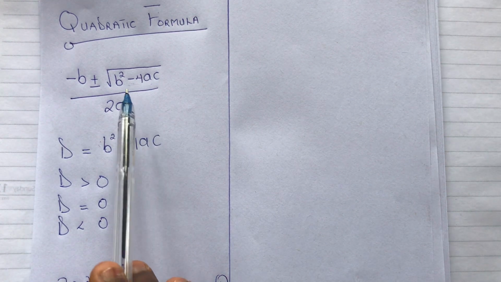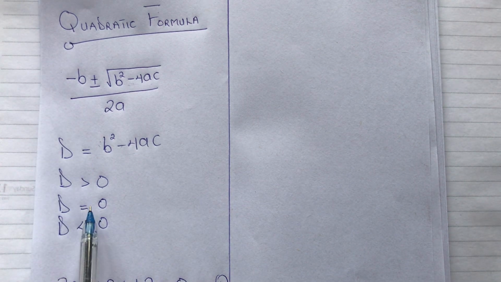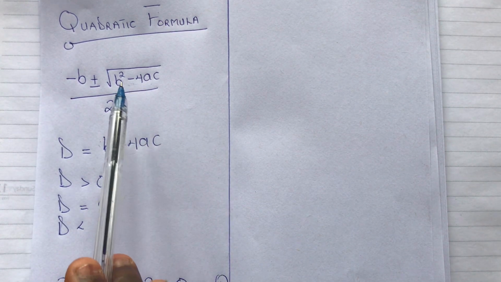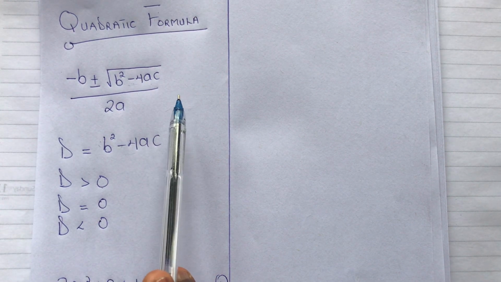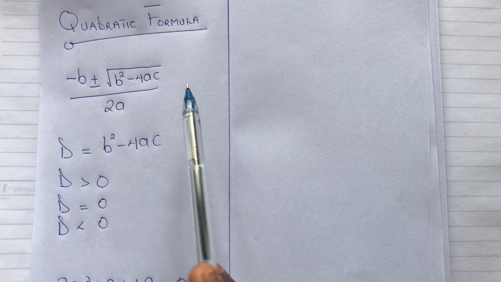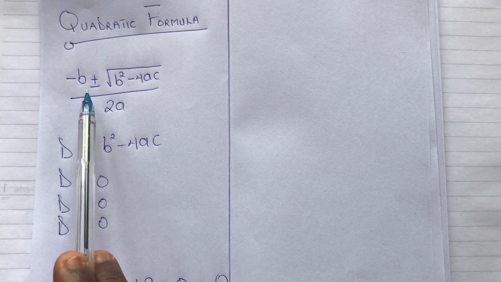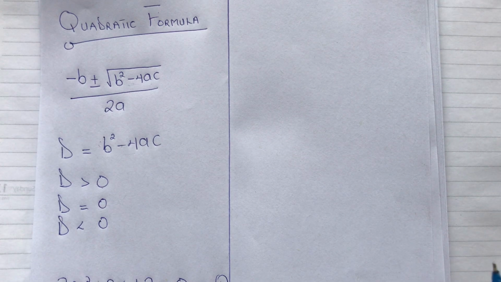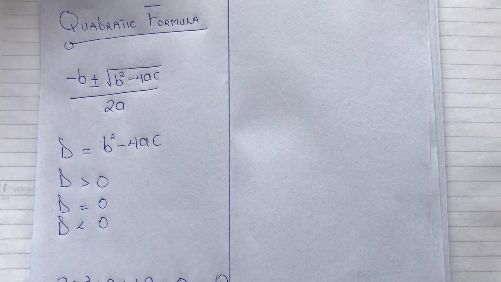Again, when we substitute the values of a, b, and c, and d is equal to 0, this means that the quantity inside the square root will be 0, and the square root of 0 is still 0. When this happens, the plus or minus sign does not play a part in the calculation, and the solution of the quadratic equation produces what we call a repeated factor.